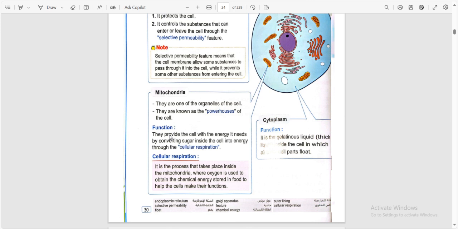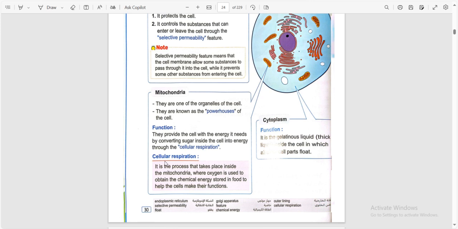That's its function. How? By converting sugar inside of the cell into energy. So when the cell gets sugar, the mitochondria converts this sugar into energy. And this process, the conversion of sugar into energy, we call it cellular respiration.